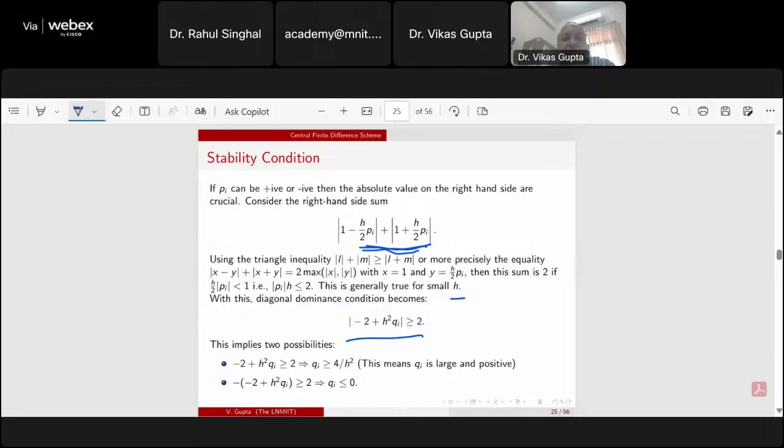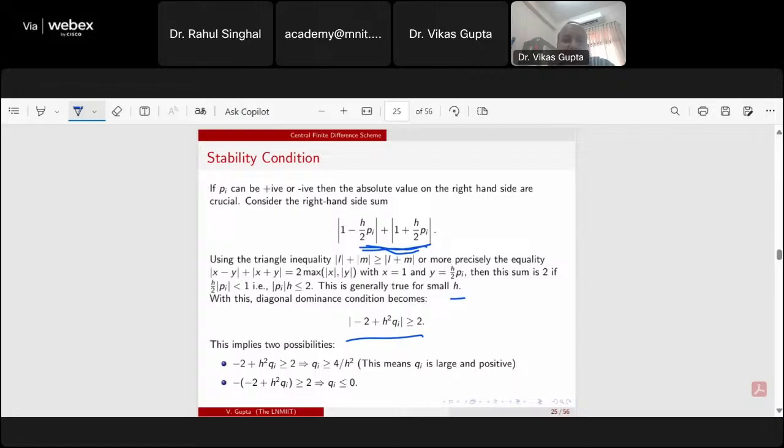One possibility is that minus 2 plus h square qi is positive. The other is that minus 2 plus h square qi is less than 0.